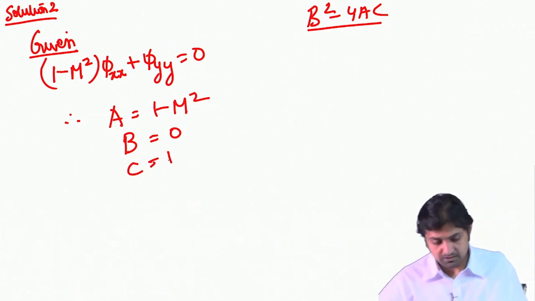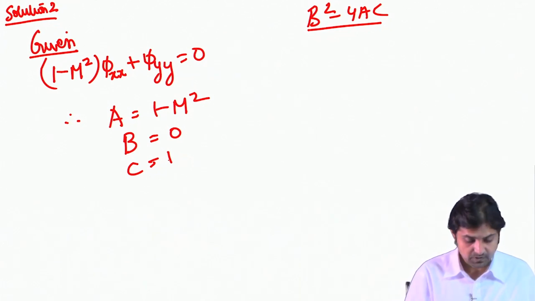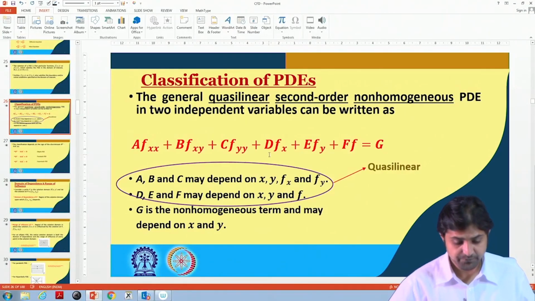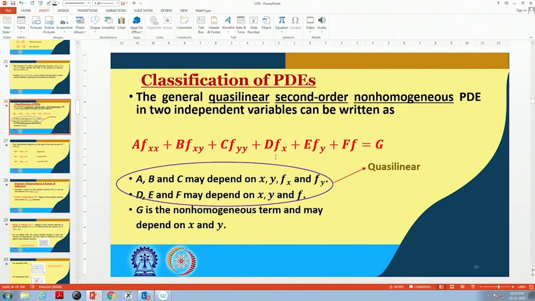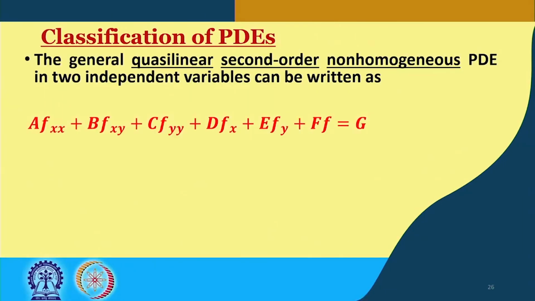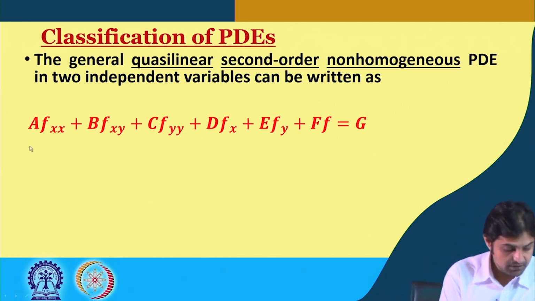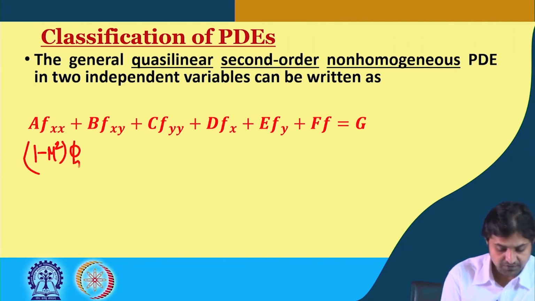All right. So, let me take you to that, because that is quite important thing to see. A f xx plus b f xy plus c f yy plus d f x plus e f y plus f f is equal to g. So, you see our equation, right? I'll write down here. So, it is 1 minus m square f xx, instead of f xx we write phi xx, plus there is no phi xy.